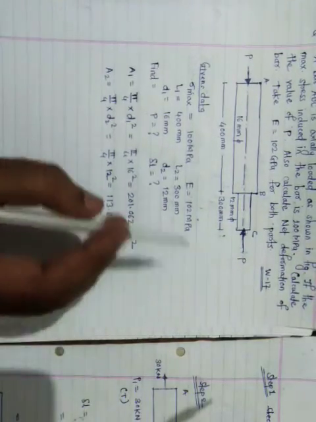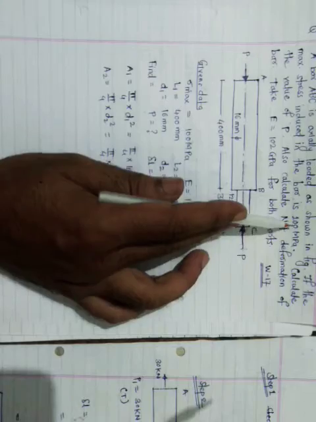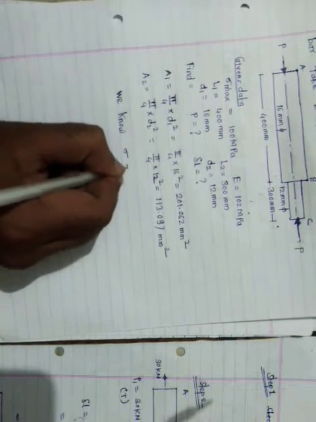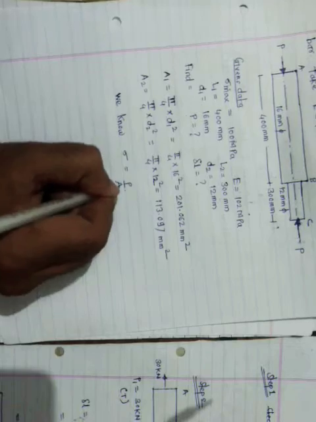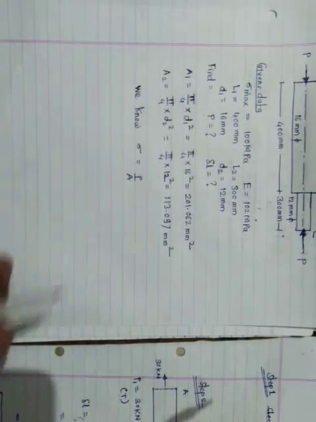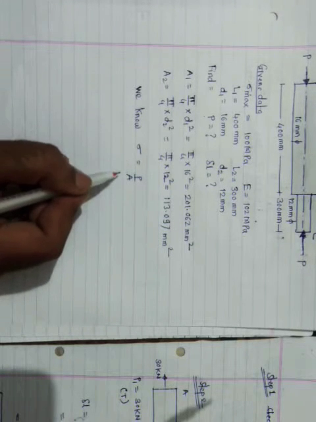Then they give the value for maximum stress, that is 100 MPa. We know the formula for stress: stress is equal to P upon A. Here stress and area A are inversely proportional to each other.